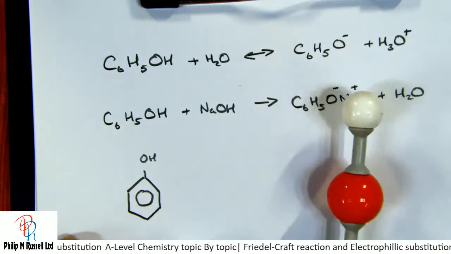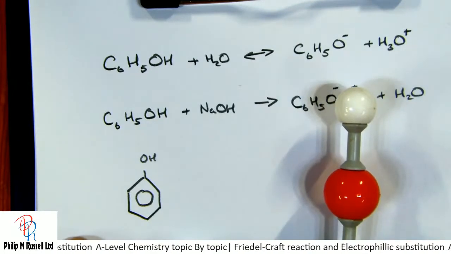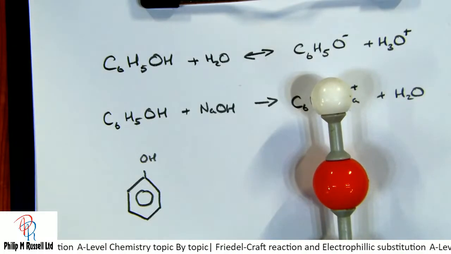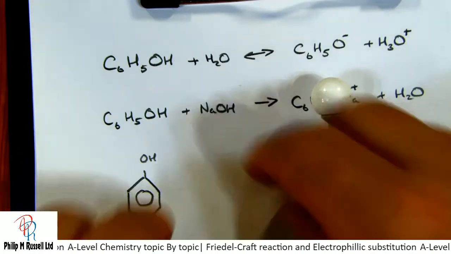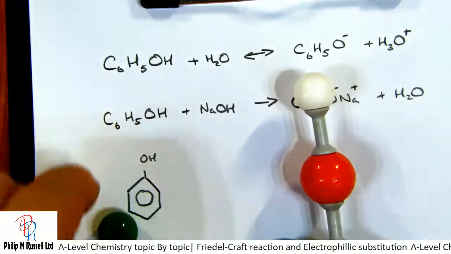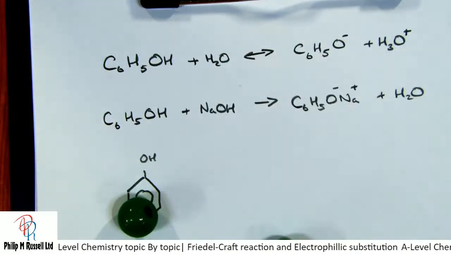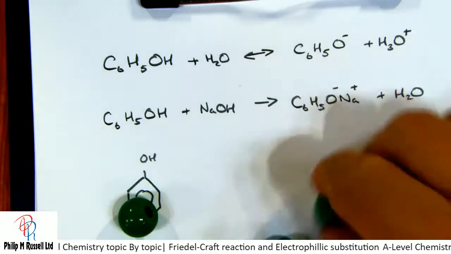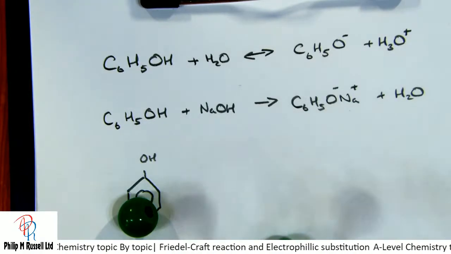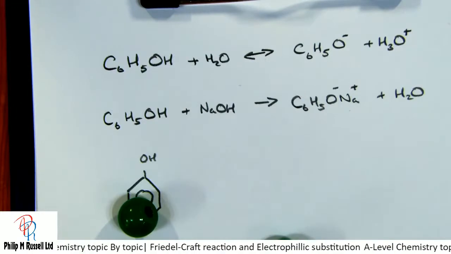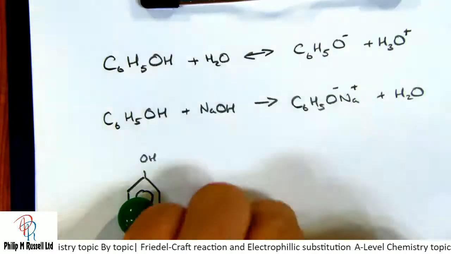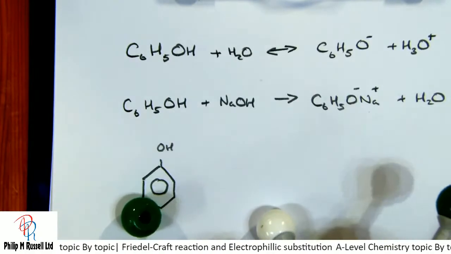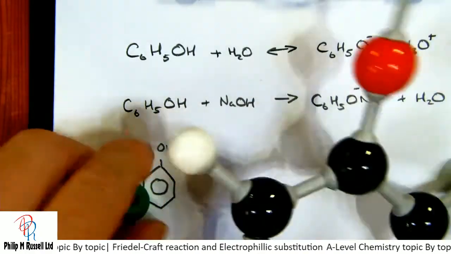So if we take this and we bring near this some bromine, then what's going to happen is it's going to substitute at positions 2, not 3, 4, that's it, and 6.